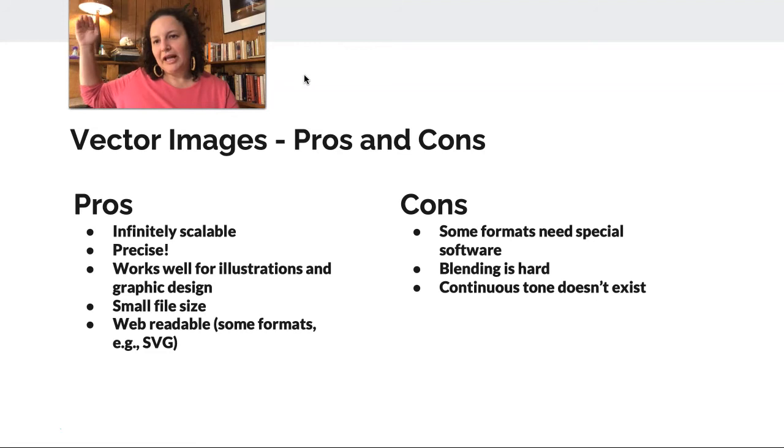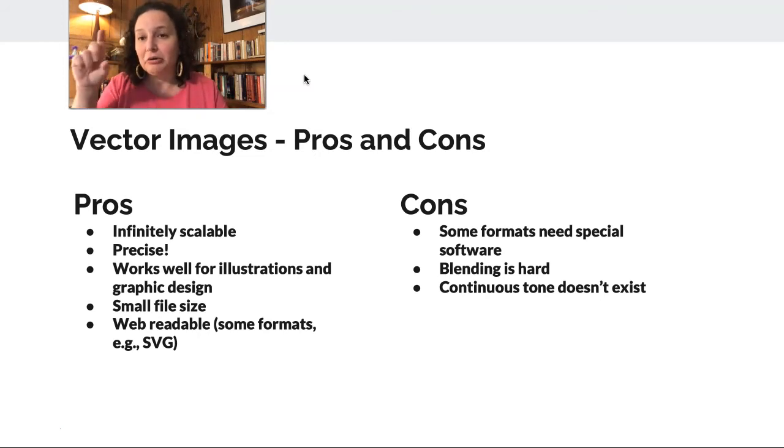So if this light source behind me were actually part of a vector file, it would start to have steps between different tones that are very similar. Some people think that looks cool. Some people don't like it. It's not really a terrible thing. It's just a thing, and it's something that you should know if you're thinking about using vector graphics.